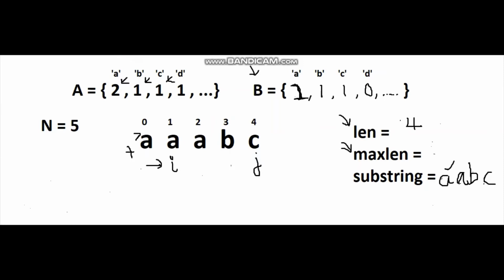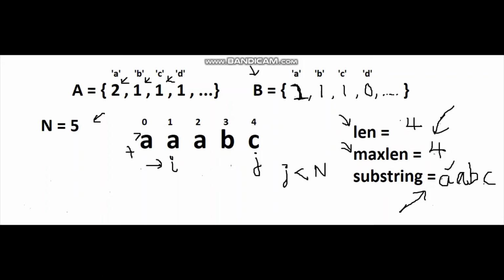The length and max length are now 4. Now you can see we cannot move j forward anymore. That means we have reached the end of the string. So we can now conclude that whatever answer we have got as of now, the max length and the substring at the max length, is the maximum substring possible. If we increase j, it will cross the limit, as we can only traverse j until n. n is nothing but the length of the string, which is 5.